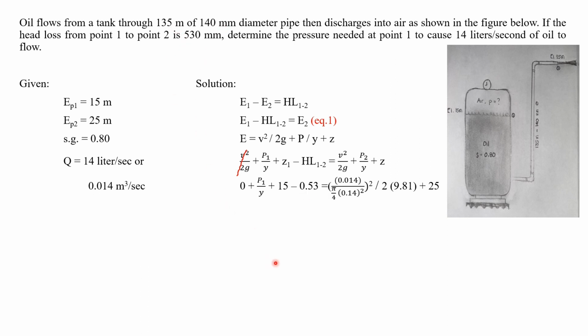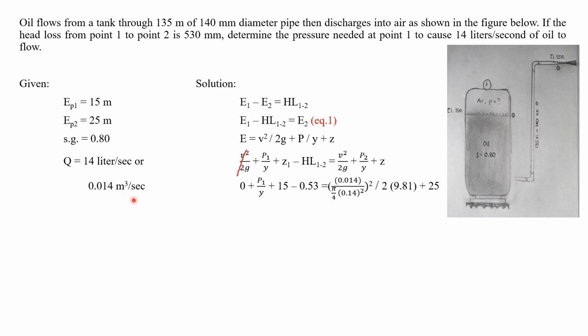And we will use the elevation at point 1 as our z sub 1. At the right side of our equation, we don't know the value of our velocity at point 2, but we have the volumetric flow rate at point 2, which is 0.014 cubic meter per second.